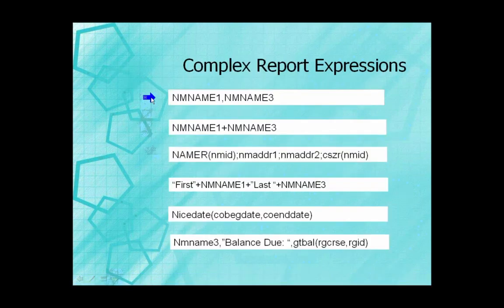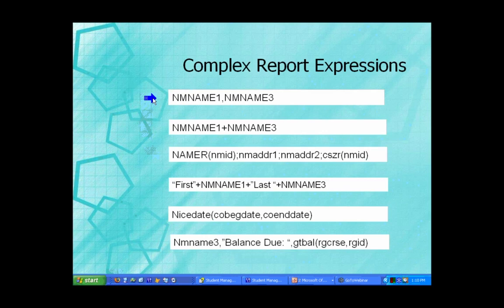Here are some examples of report expressions. Here we have first name and last name separated by a comma, and first name and last name with a plus as a concatenator. Here is a combination of a function, field, and a function, and you'll note we're using a semicolon as a concatenator.